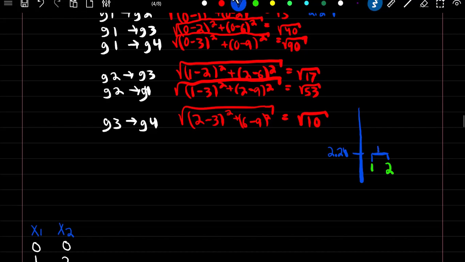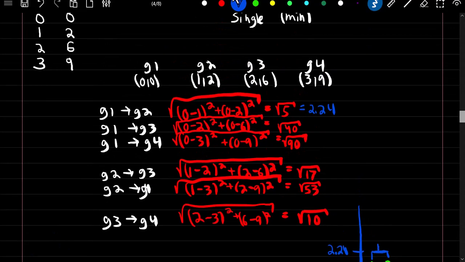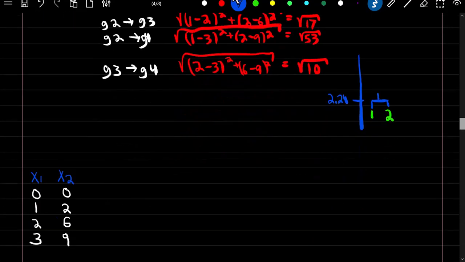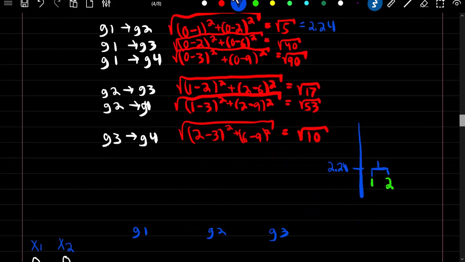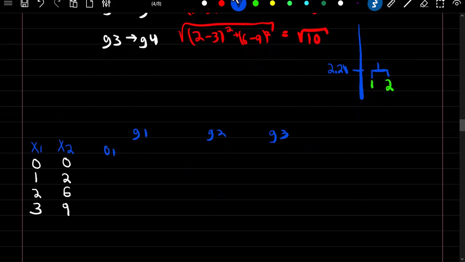So now in order to find the next grouping, we're now going to have only 3 groups. So in group 1, we're going to have observations 1 and 2, which was 0, 0, and 1, 2. In group 2, we're going to have observation 2, 6, and in group 3, we're going to have observation 3, 9.